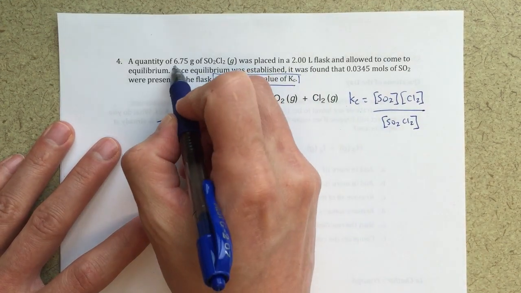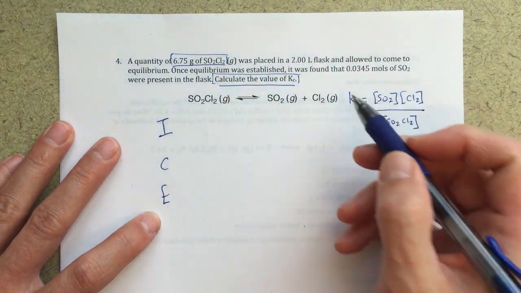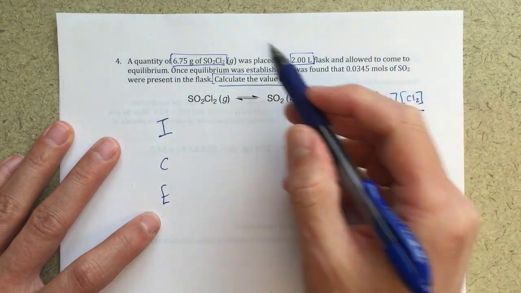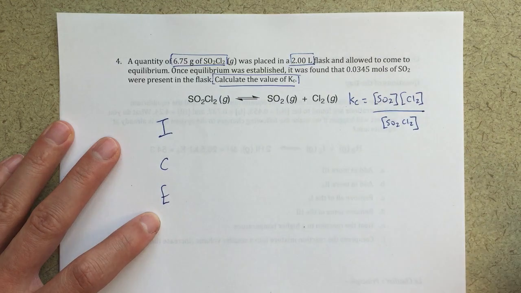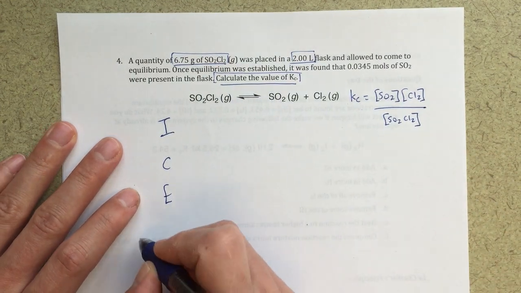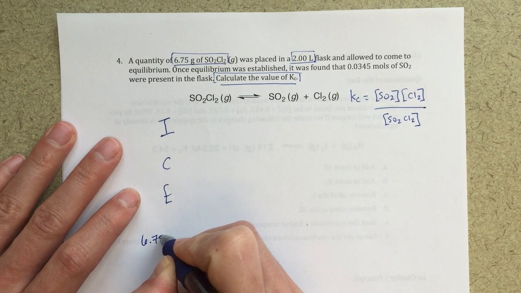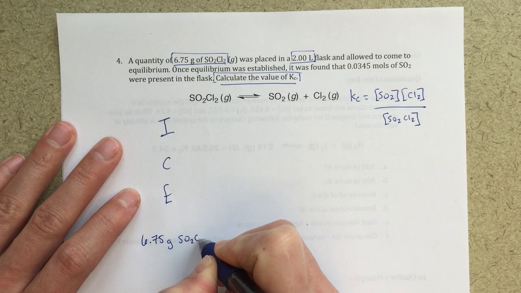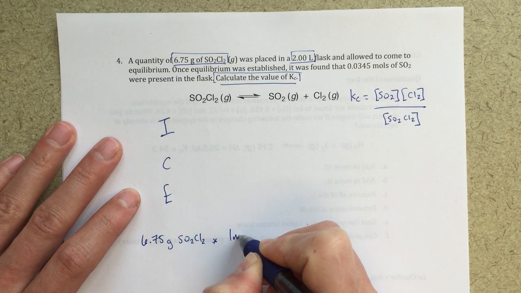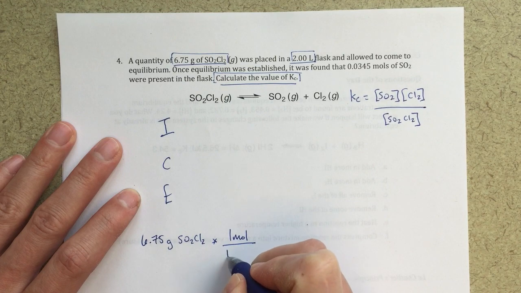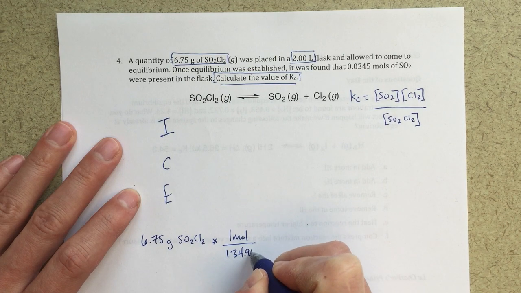So now I need to take this 6.75 grams and 2 liters and use that to figure out what my initial concentration of SO2Cl2 is. So if we want to do that right down here, 6.75 grams SO2Cl2 times 1 mole over 134.96 grams.